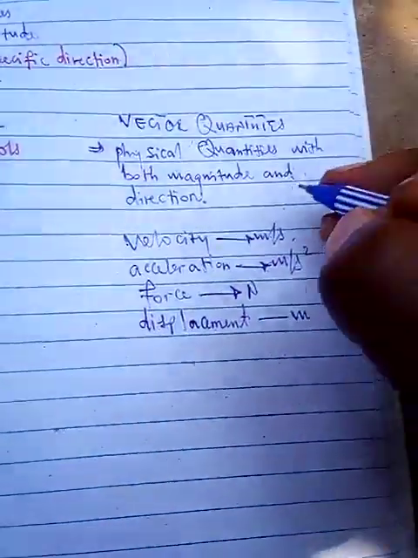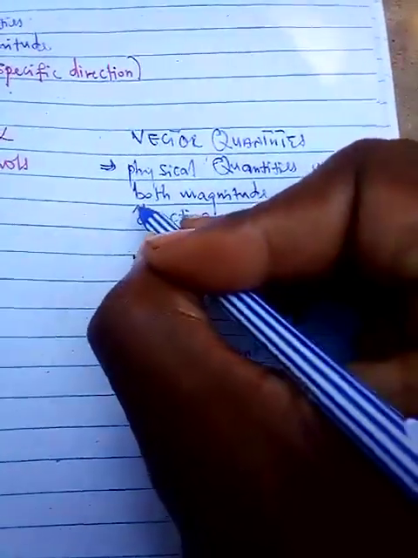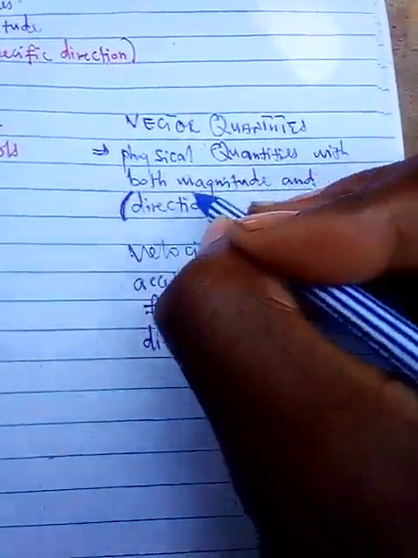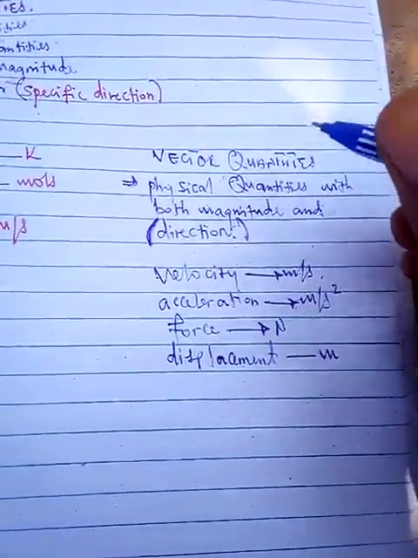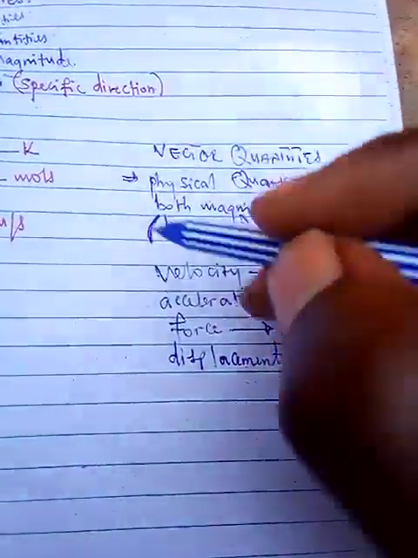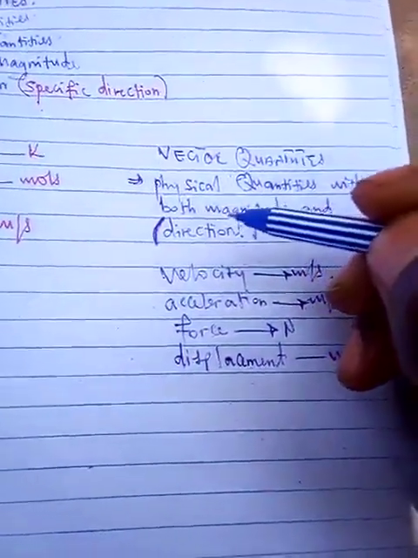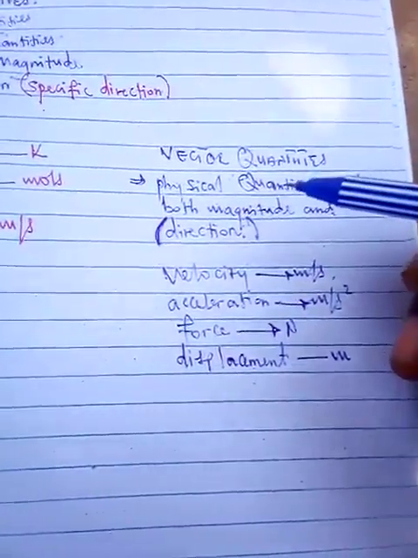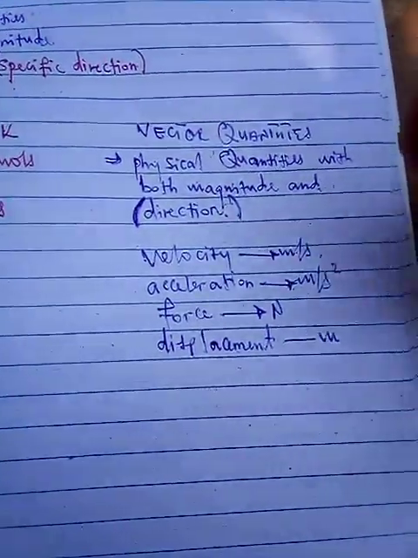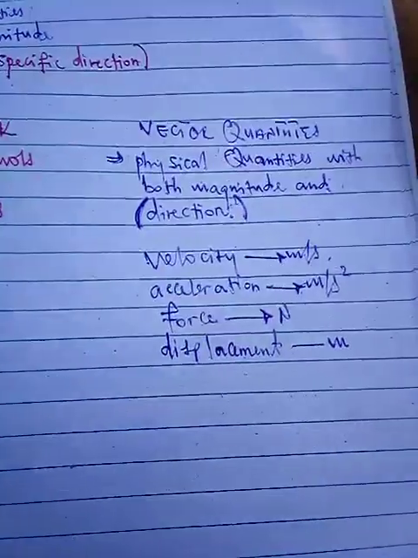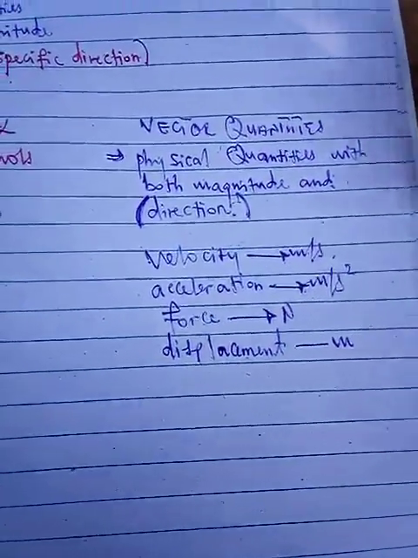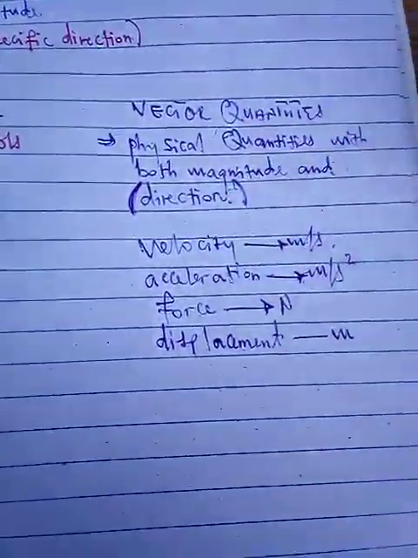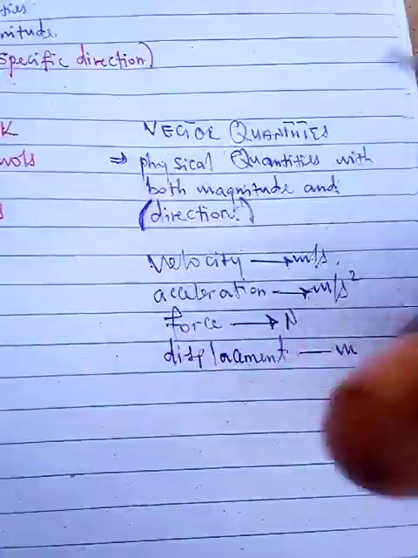And speaking of direction, velocity, acceleration, force, displacement, these vector quantities can be split into different components depending on the type of direction they are involving.